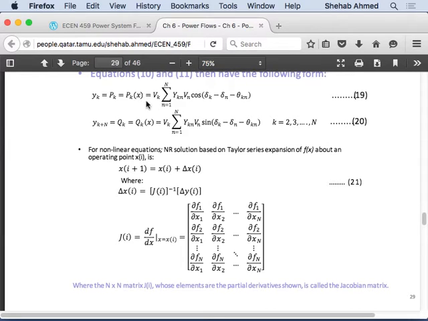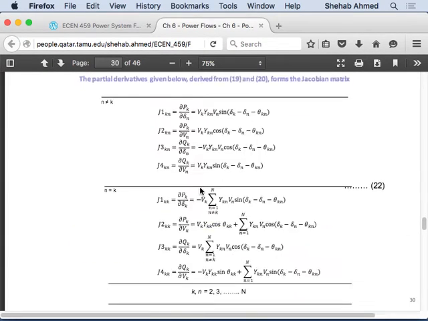Your P of x, which is your f of x elements, contain v's and deltas. So you will plug in the new values for v and delta every single time, the ones you've used in this iteration. So the values will change. The format, the equation for this differentiation, will not change. We will have the equations later.